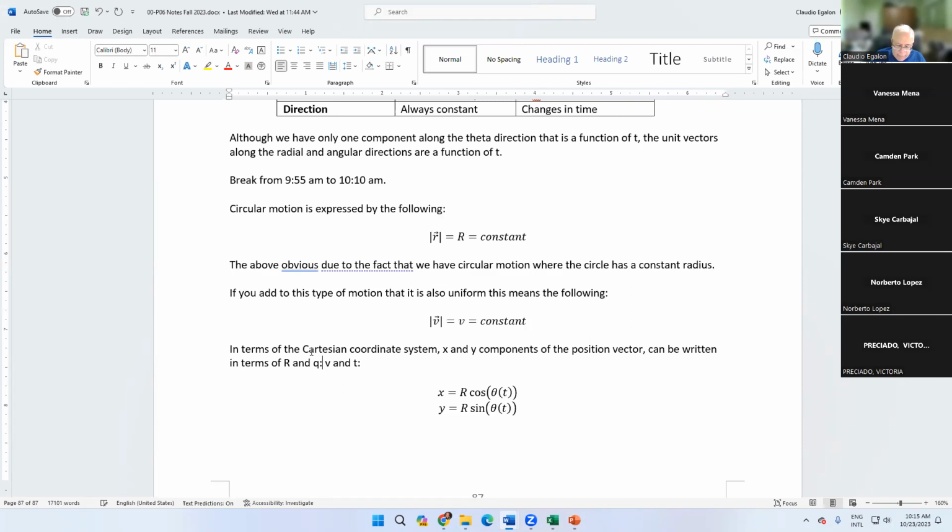Let's write in terms of r and theta first, and then we worry about how we write theta in terms of t. I'm going to eliminate this functional dependence on t right now, just to simplify.